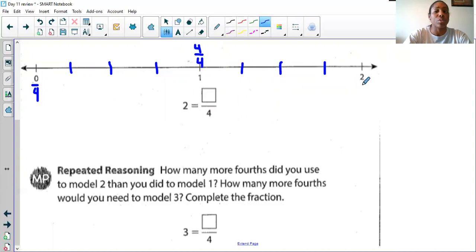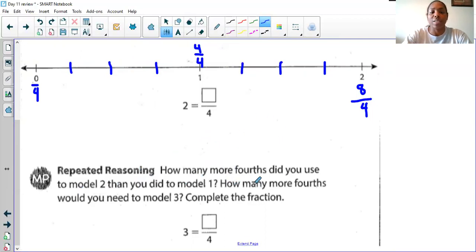So that means 2 is equal to 8/4. Good. So how many fourths did you use to model 2 than you did to model 1? So we had 1, 2, 3, 4 fourths, 5, 6, 7, 8 fourths. So all we did was just add another line of fourths.